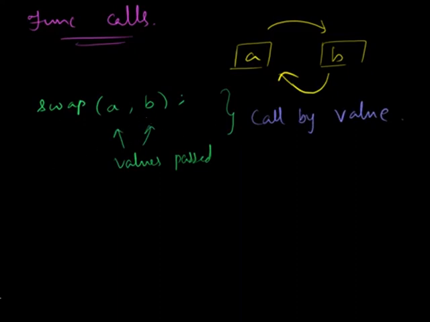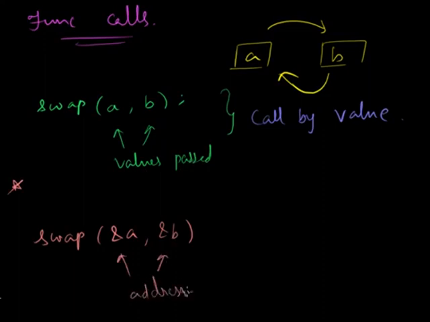On the other hand, if you write like this, swap address of a and address of b, you pass addresses and you manipulate those values using the indirection operator star, right? So when you pass addresses, such type of call is called call by reference.